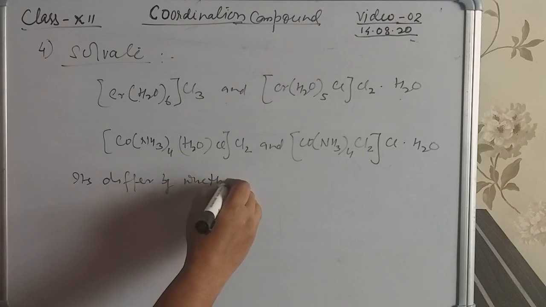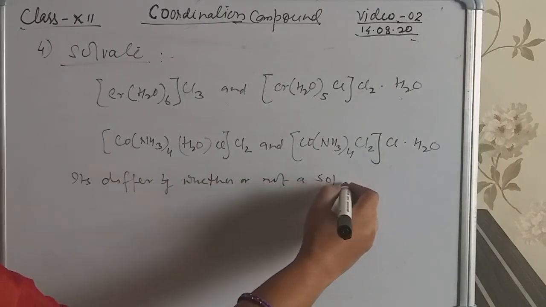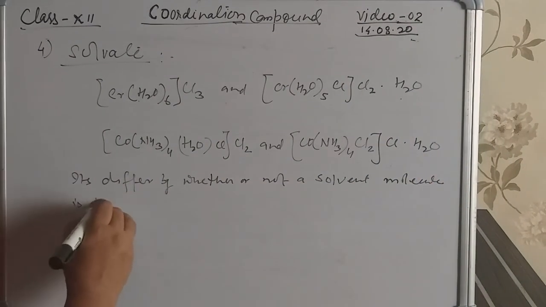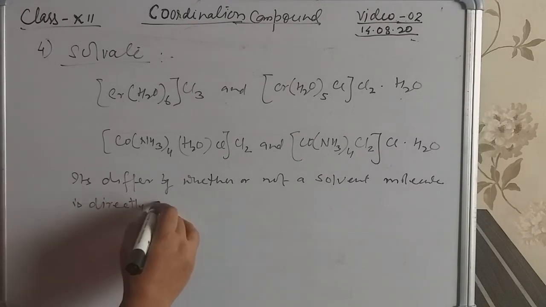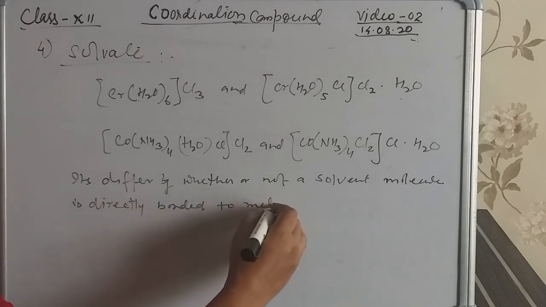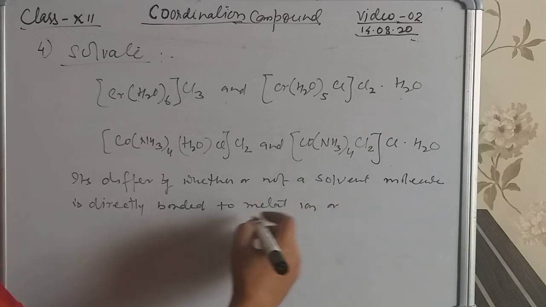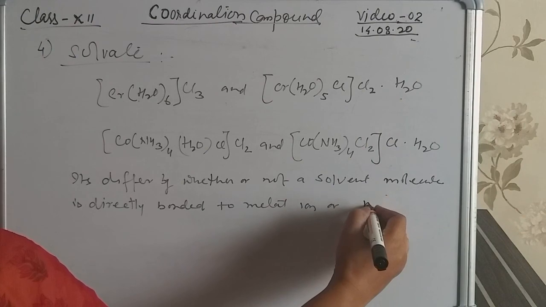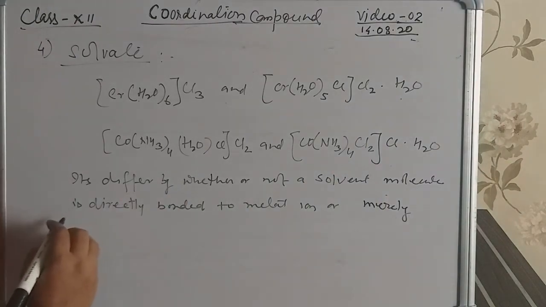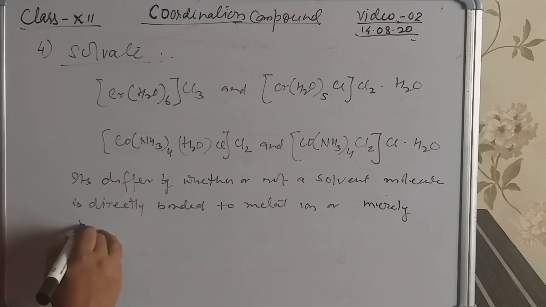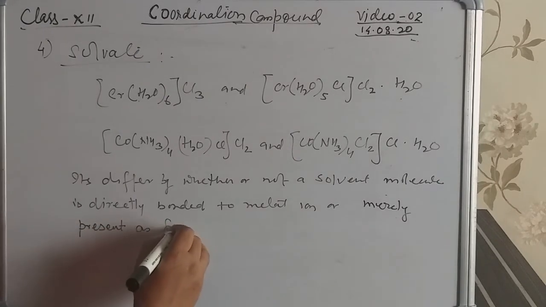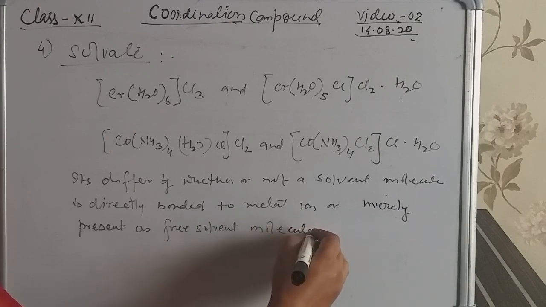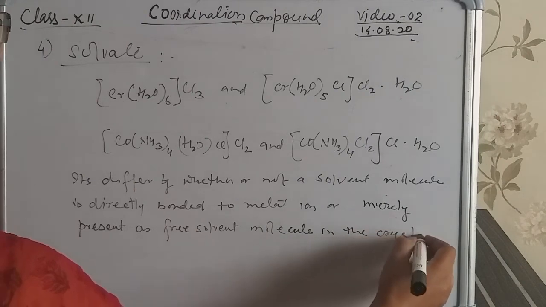So simply we can say that it differs by whether or not a solvent molecule is directly bonded to the metal ion or merely present as a free solvent molecule in the crystal lattice.